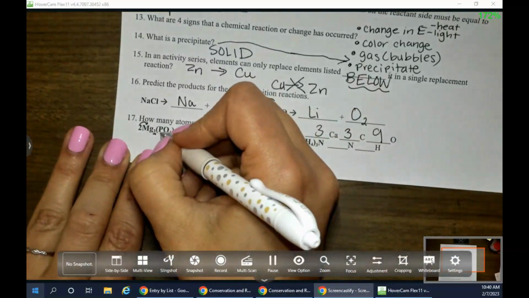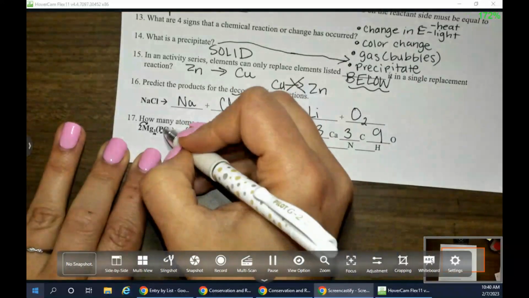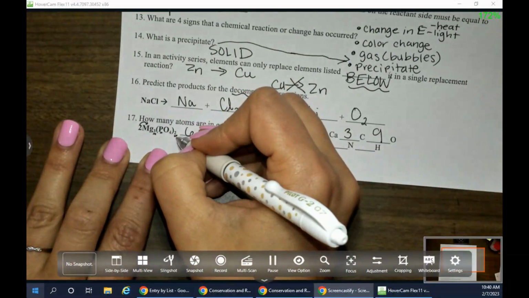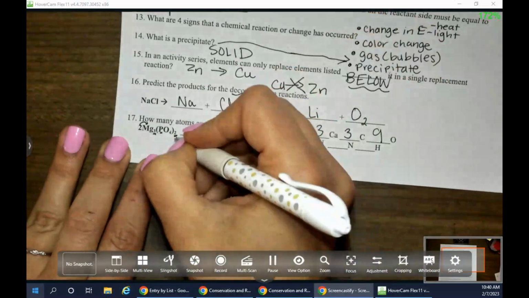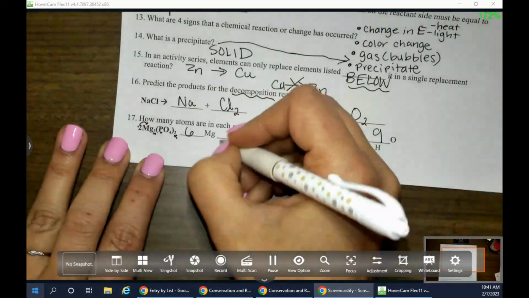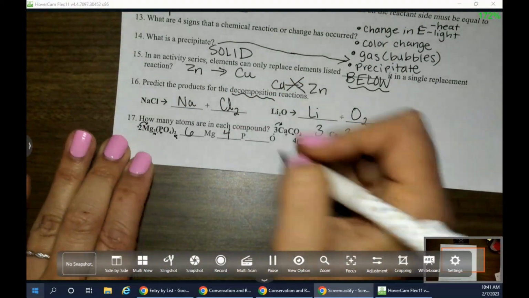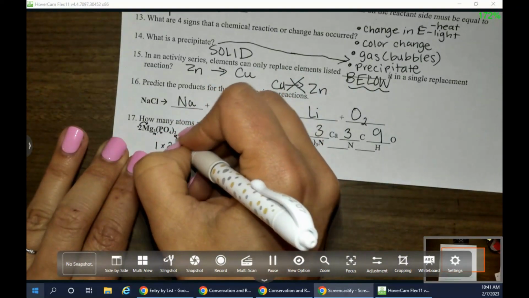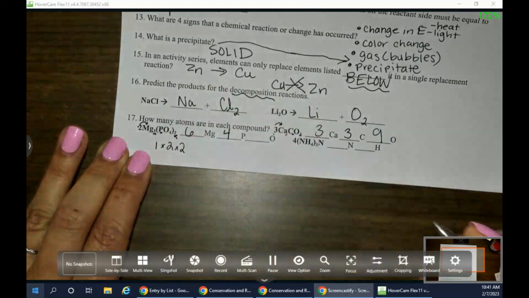So phosphorus has a 1 next to it. So we have a 1 times 2 on the parentheses. So 1 times 2 is what? 2. And then times the 2 in the front, 4. So again, we went a 1 times the 2 in the back times the 2 in the front.